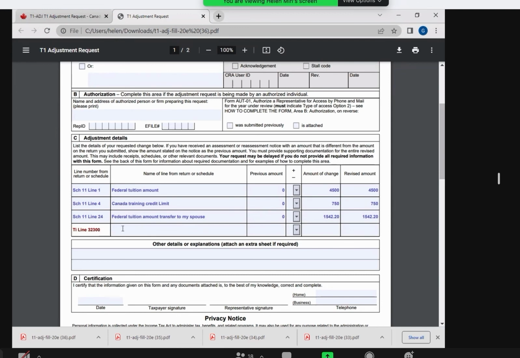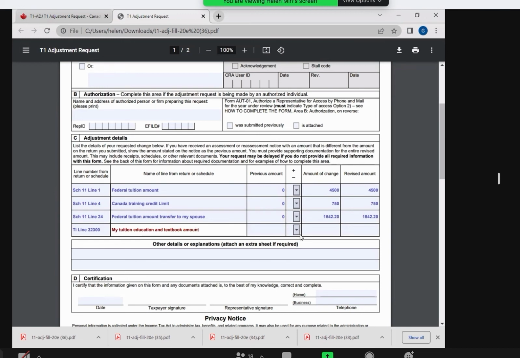You put this line, okay? Don't put line 101, okay? That's the tuition amount.